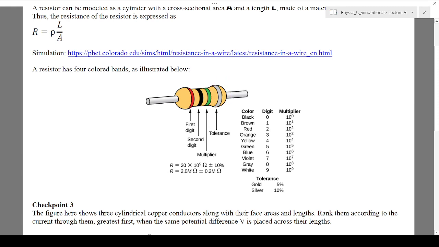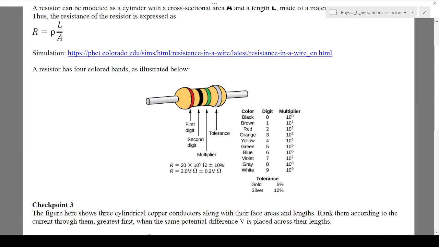You have only two tolerance colors, so it's very easy to know which band is which: gold means 5% tolerance, and silver means 10% tolerance. And the other three bands are then easy.